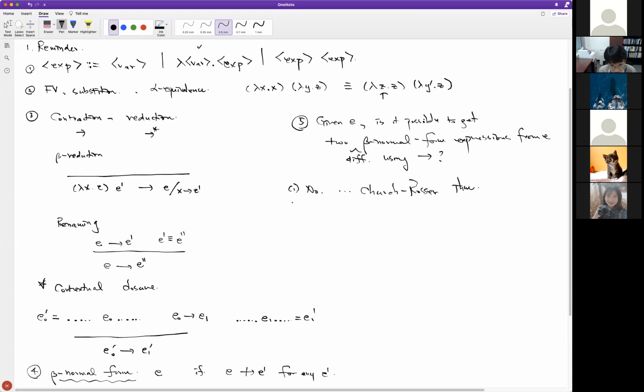Another question that I also asked is, for a given expression E, the second question: given E, can you always get a beta normal form E prime from E using contraction?